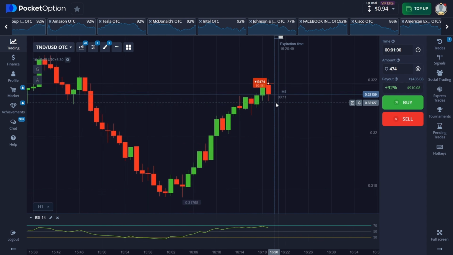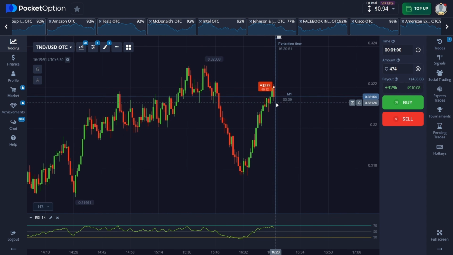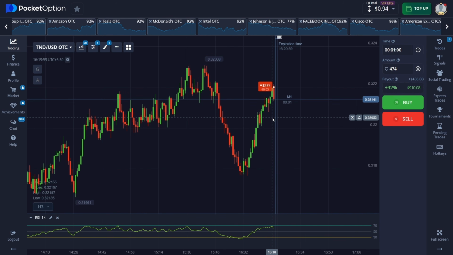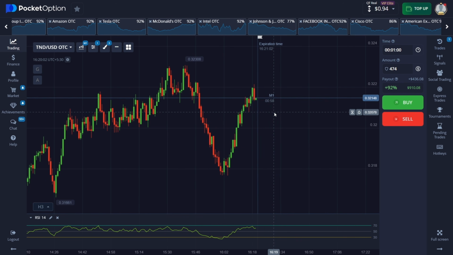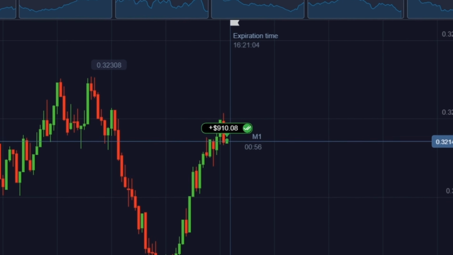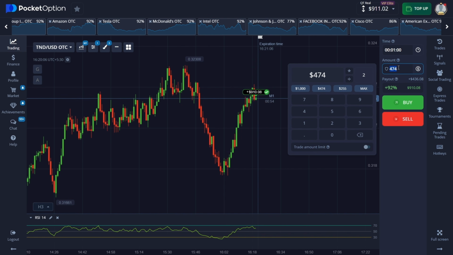The trade is currently going in our favor, but there are still 10 seconds left. Only a few seconds left, and we won another trade. Now my balance has turned into $911. Let's find a trade for $911.